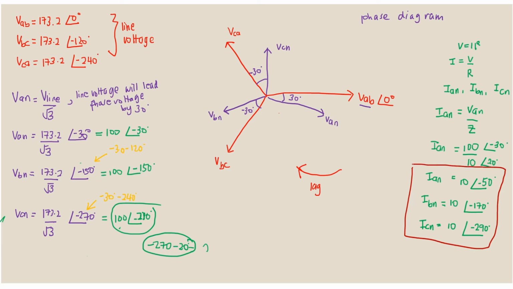So let's draw the phase diagram for the currents. IAN is negative 50. The magnitude of the current will not be the same as VAN and VAB, so you can draw a separate diagram if you want.